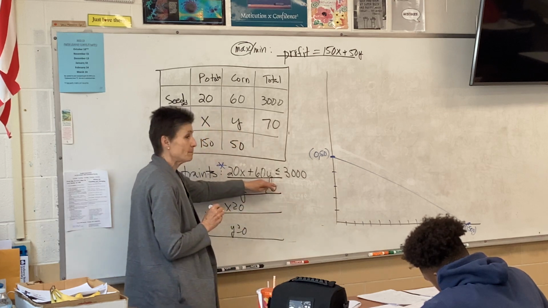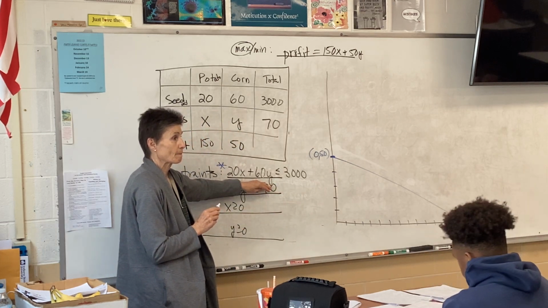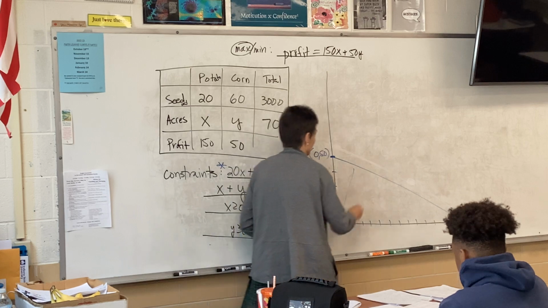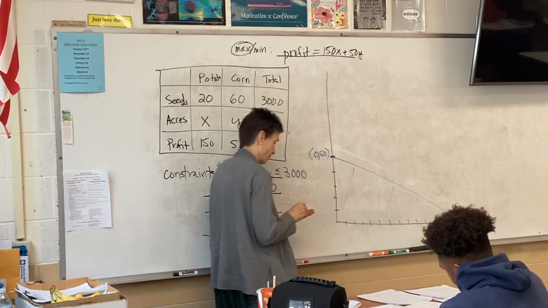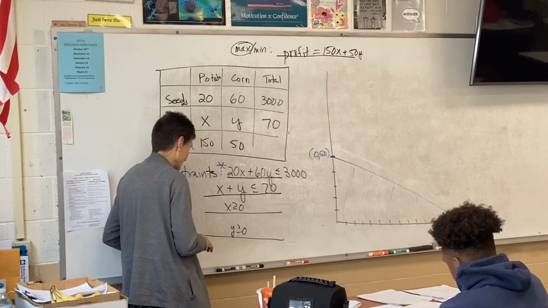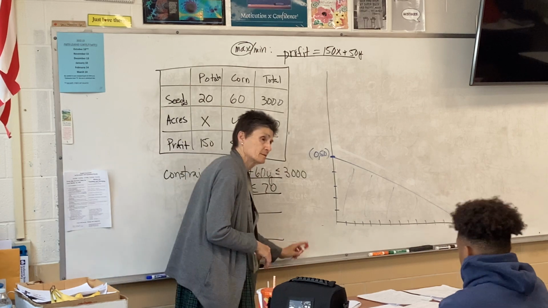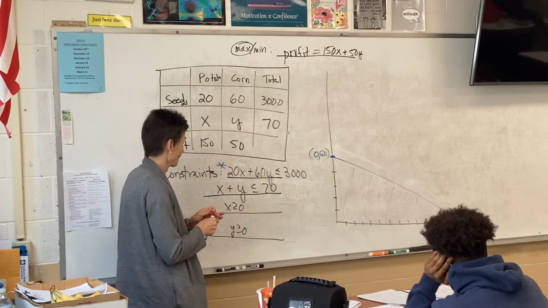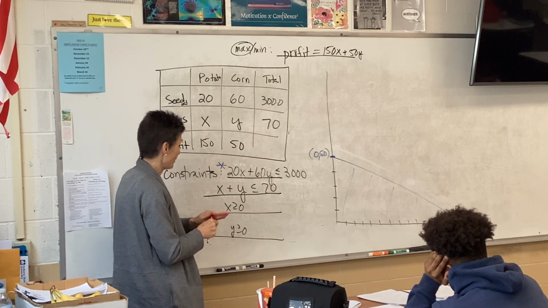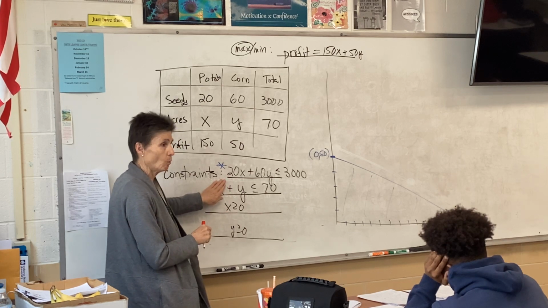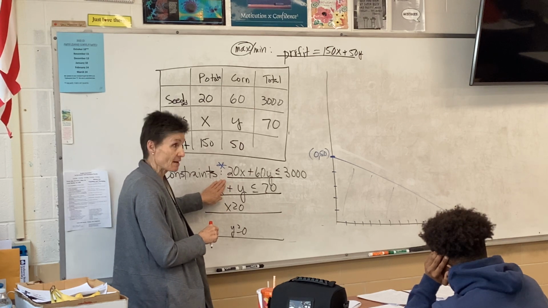And where would that one be shaded? Below. Less than means below. They're not going to get weird and complicated like in the algebra class. Less than is going to mean below. All right, here we go. If x is 0, y is 70.